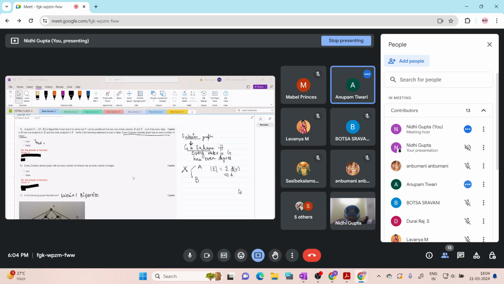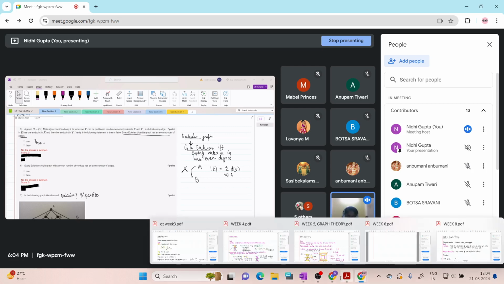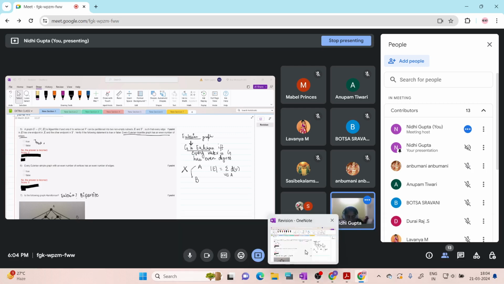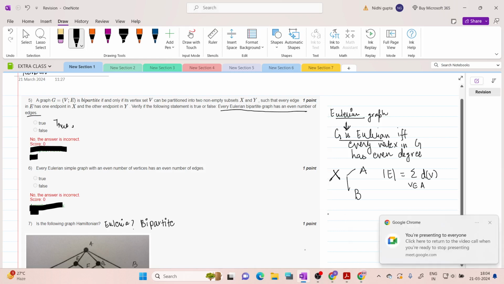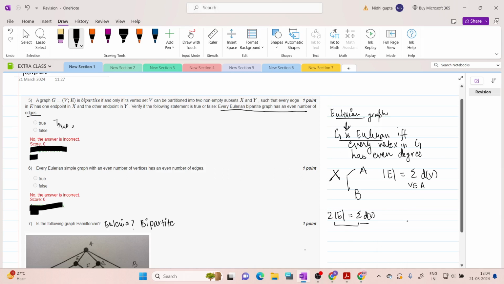Why is it true? The handshaking lemma says that 2 times the number of edges is equal to the sum over all the degrees, because each edge contributes 2 to the degree sum.